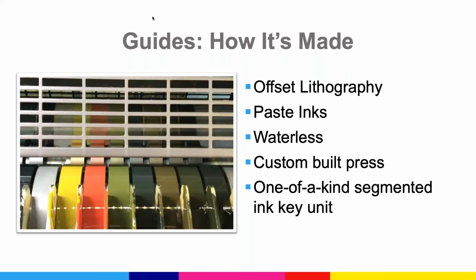This is a custom built, one-of-a-kind segmented unit that has 28 individual ink zones. And while 28 ink zones isn't unique, it is certainly unique when it represents essentially 28 individual ink trains. So that means a segmented fountain, 28 different wells, 28 split rollers.